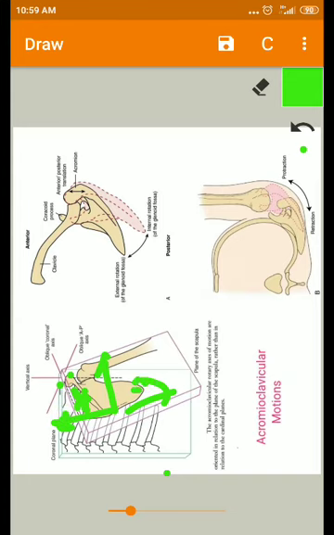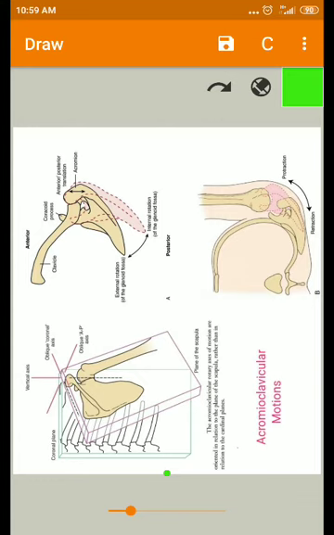So during those motions, by considering such plane of scapula movements, we are going to study what is happening at the acromioclavicular joint. So how many rotatory movements are there? At the acromioclavicular joint, it has internal and external rotation, upward and downward rotation, and also anterior and posterior tilting. This tilting is also called tipping.